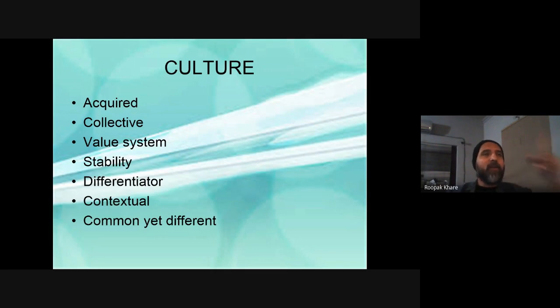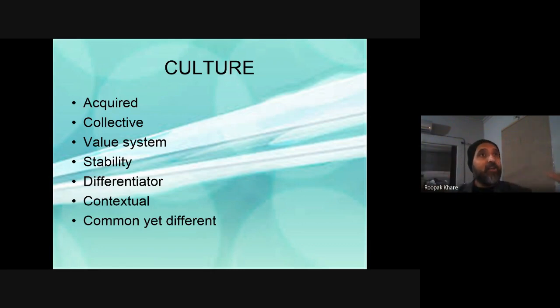One person's beliefs, one person's dress does not form culture. When a lot of people come together collectively, it becomes culture. Value system, again: what is it that we really give importance to? What is it that we believe in? What do we consider good, what do we consider bad? How much value we give them is also a part of culture, right? Stability. This persists for a certain period of time. It continues. It is not momentary, right? It is a long-term thing.